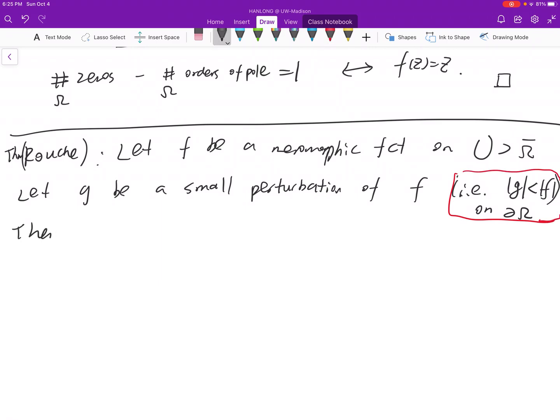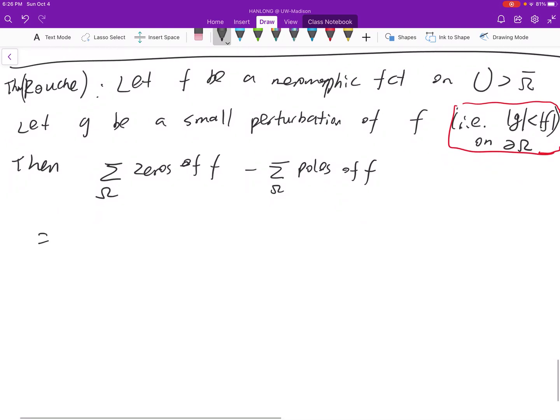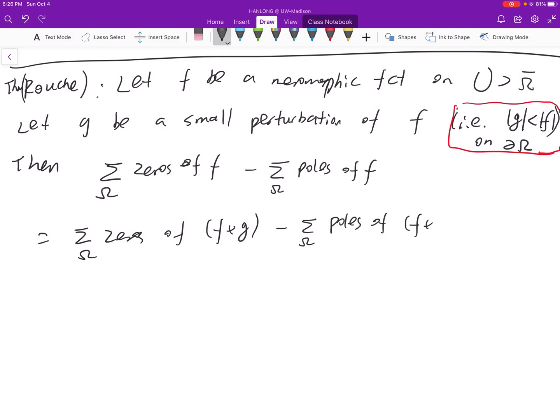Then we have the conclusion: the summation of zeros of f minus the summation of poles of f, with order counted, equals the summation of zeros of f plus g minus the summation of poles of f plus g.